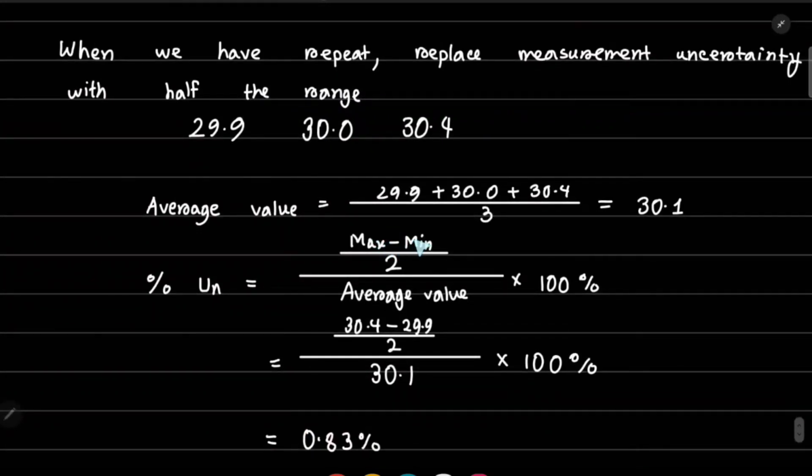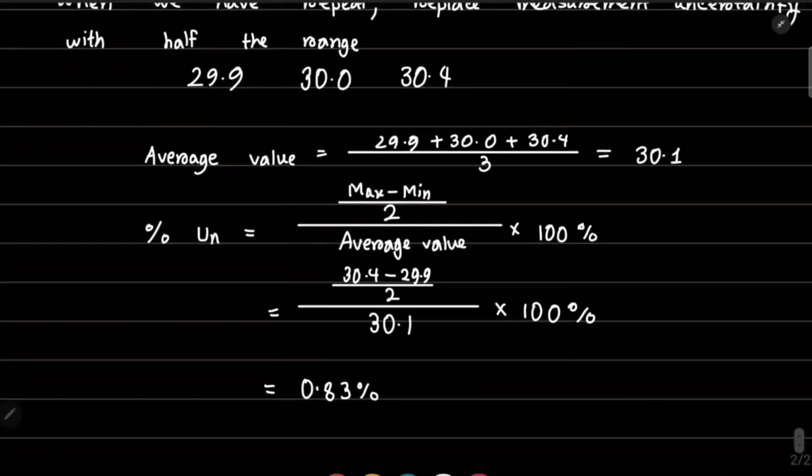So the maximum value minus the minimum value divided by 2, half of the range. And that's how we get the percentage uncertainty when we have repeat readings.